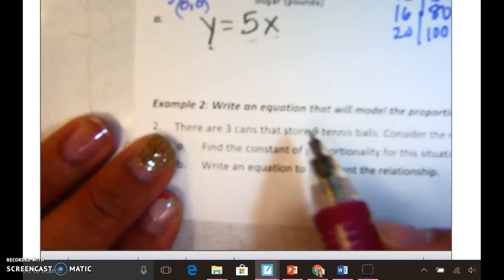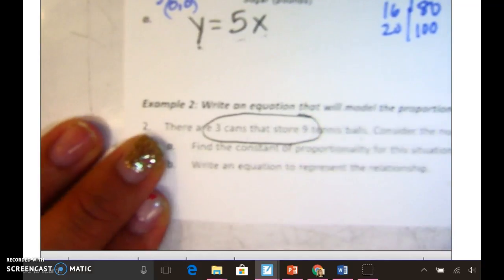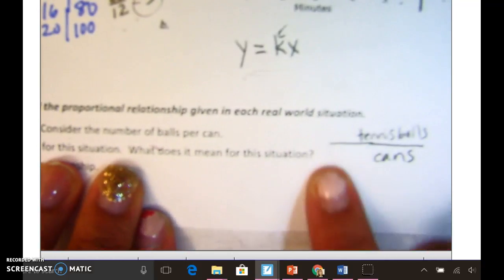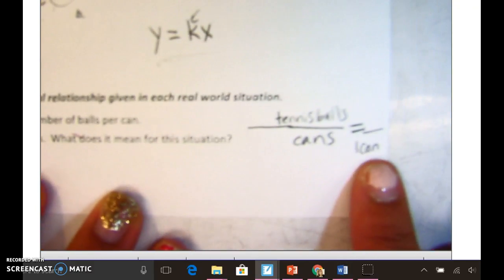Put in the information that they gave you to make this ratio. Once you make the ratio, simplify it to lowest terms so that for 1 can, you know how many balls are in 1 can. We'll check that when you come in.